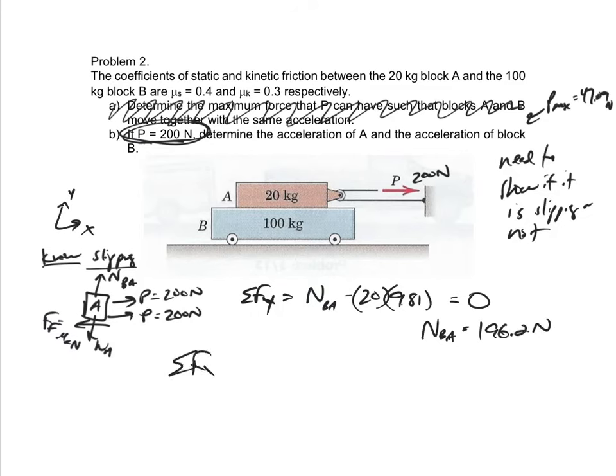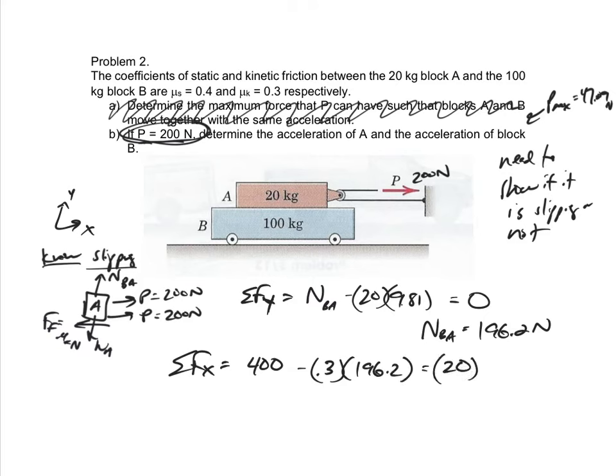And so then summing the forces in the X direction, I would have 400 newtons minus mu K times N, 196.2, and that is equal to mass.